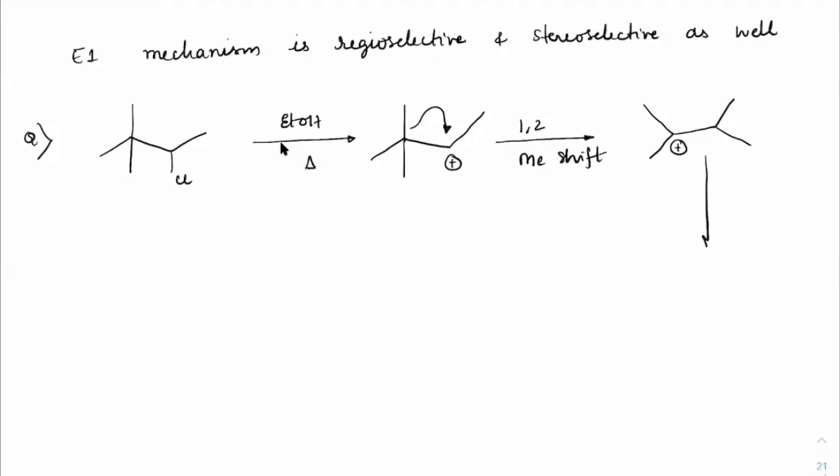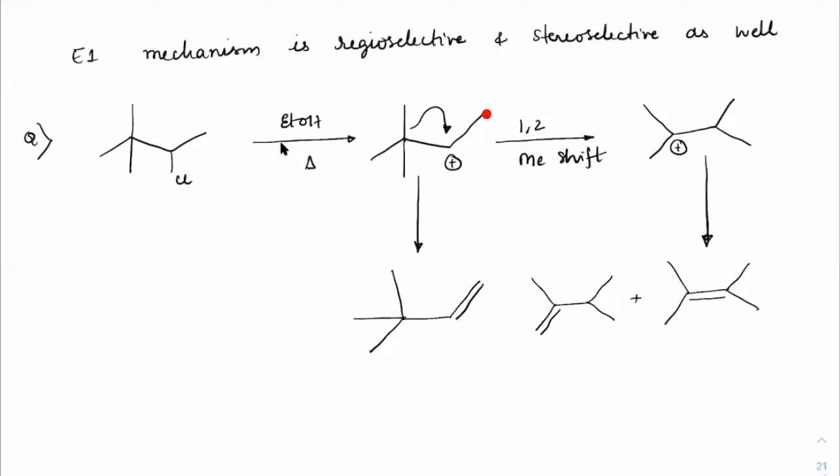So from here, the elimination will happen. So I can get two products here, one with the double bond here, plus one with the double bond here. These are the two products I can get. Another product which I can get is before the rearrangement itself. So before any rearrangement happens, here there is a beta carbon and beta hydrogen.